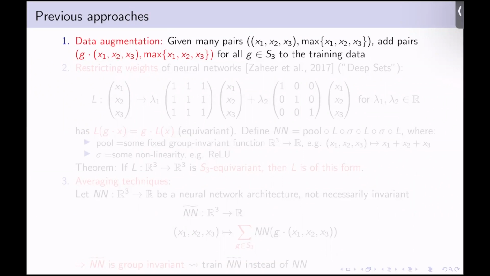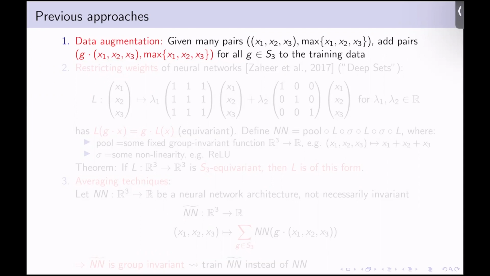So let's say you're given many training data points like this, x1, x2, x3, and their maximum. What you can do is enrich your training data, augment your training data by adding extra pairs into the training data. And the way you do it is you act on the input of your existing training data. So that's g times x1, x2, x3, and you leave the target as it is.